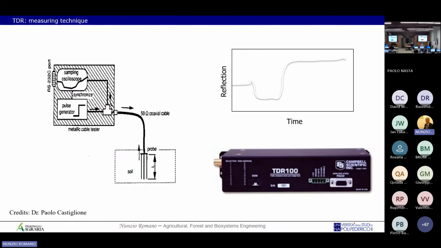What you see on the oscilloscope is on your right. The screen shows the reflection and the time. You see the movement. And again, I want to stress to all of you that what is important is to obtain the waveform.